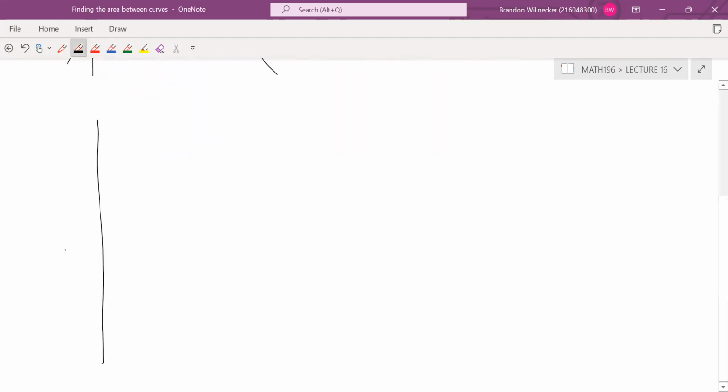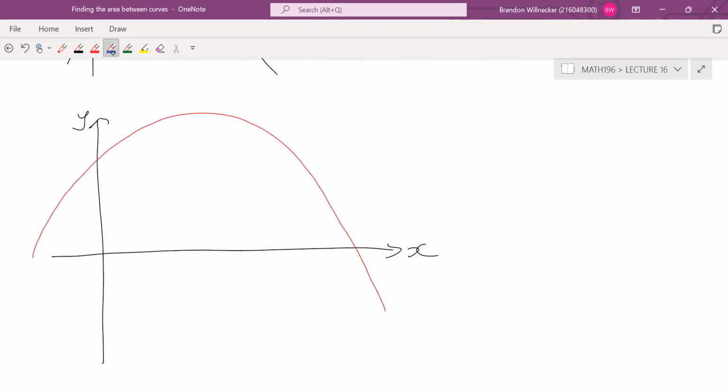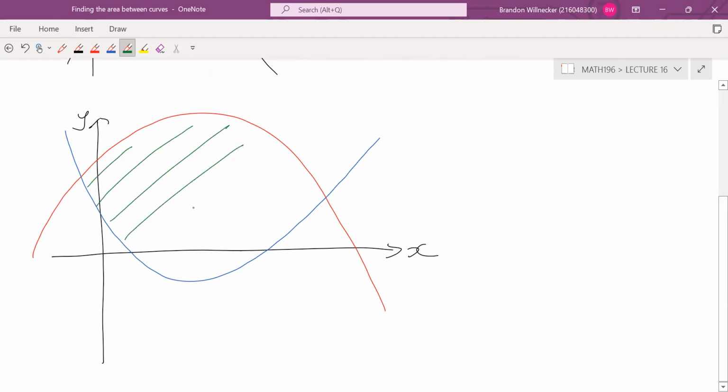So let's say we've got our x and y axes again. And then we've got this red function like that, and we've got this blue function like that. And we want to find this area that is bounded between them. So these two functions make two intercepts, here and here.